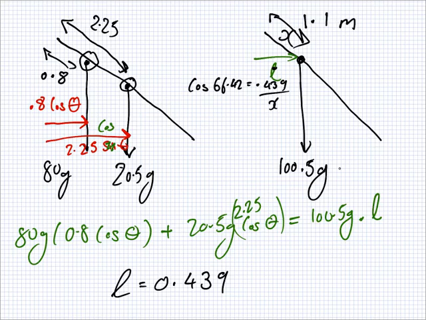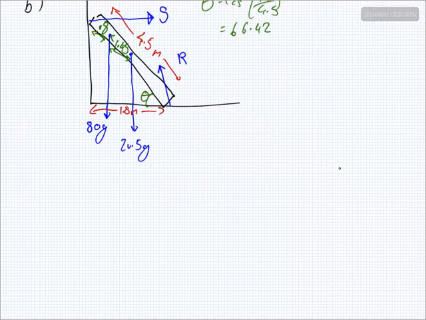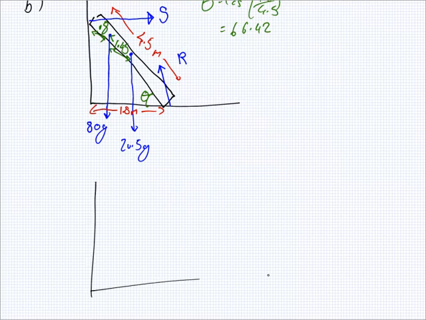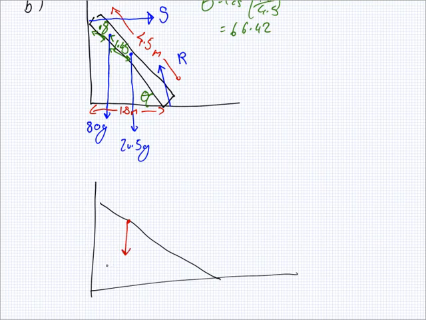Now let's go back. You're like, so where's this dude going with this? Right, so if I go back to my ladder, let's redraw it. Instead of having two forces, I only have one force. How big is this? 100.5 G. Here is S, and here is R. How many forces are on this? 3.